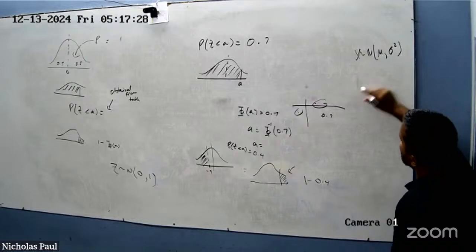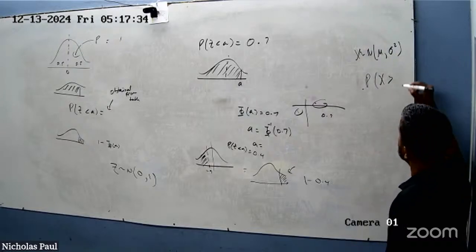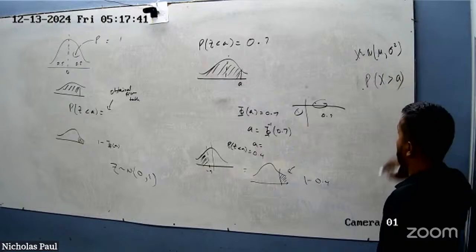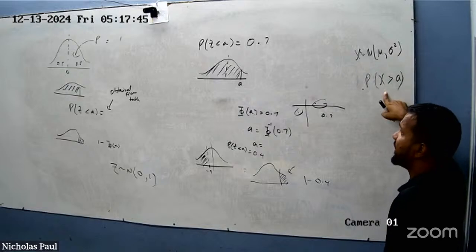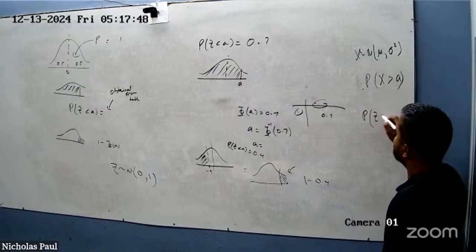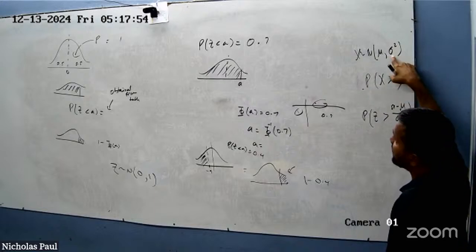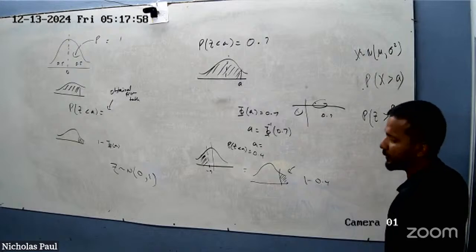For example, if I said to find the probability of x is more than, let's say, e, you can't get this on a table, so you have to standardize to z. To standardize, you subtract the mean and divide by the standard deviation, so you square root the variance. Then you go ahead and read the tables off.